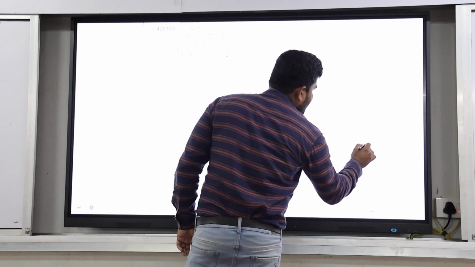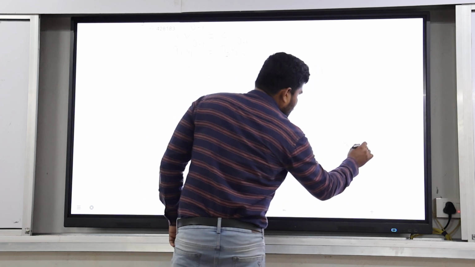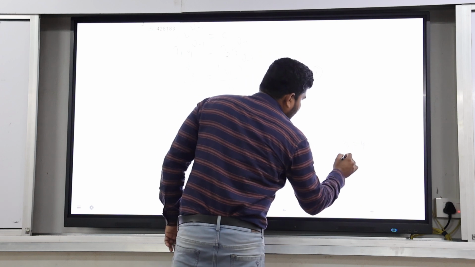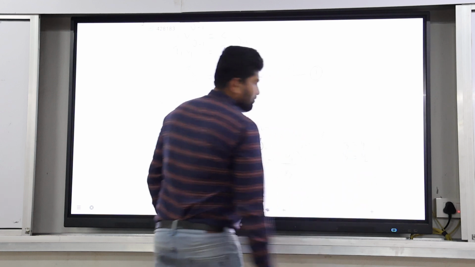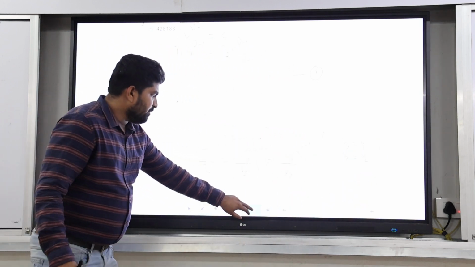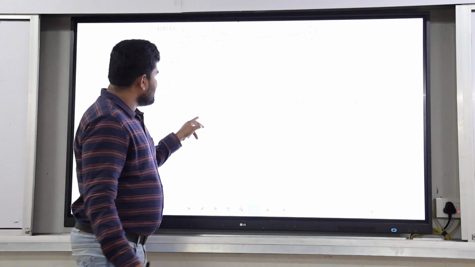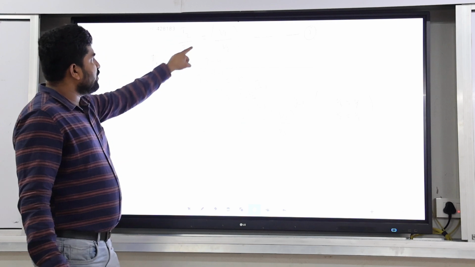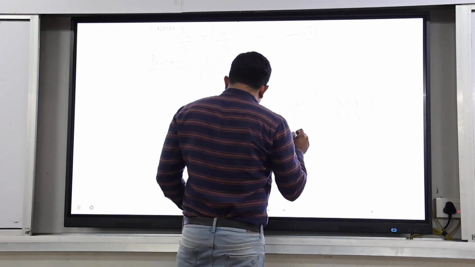As we know, V4 equals V1 and V3 equals V2. Now what did you get? T3 by T4 equals V1 by V2 to the power gamma minus 1, equation 2. Here T2 by T1 equals V1 by V2 to the power gamma minus 1.